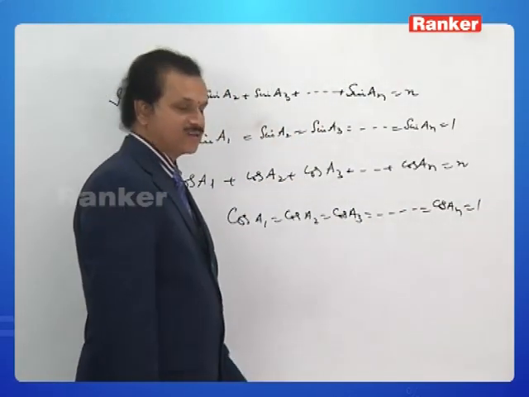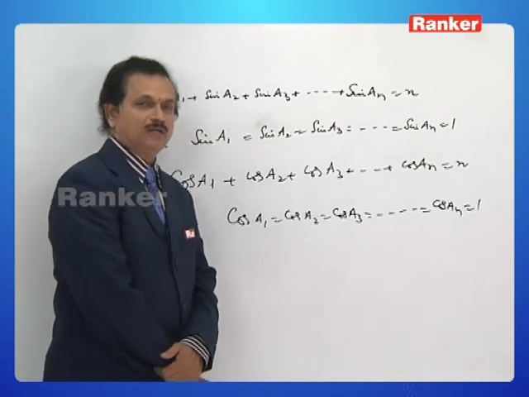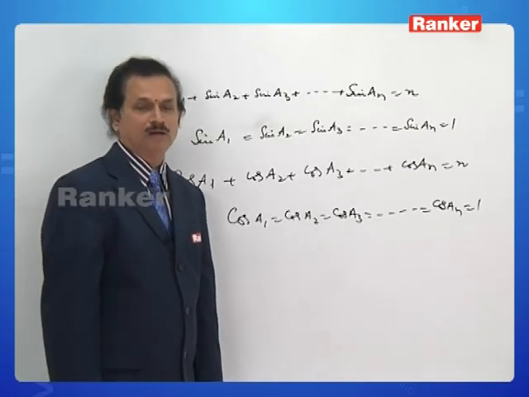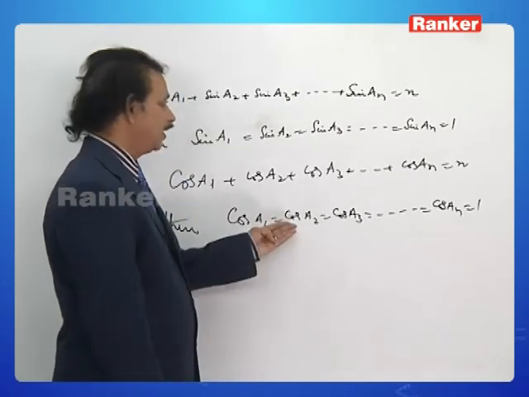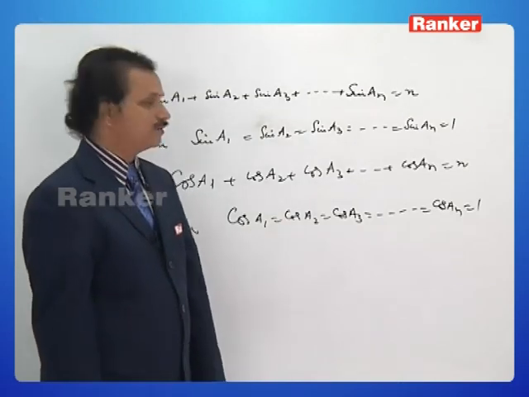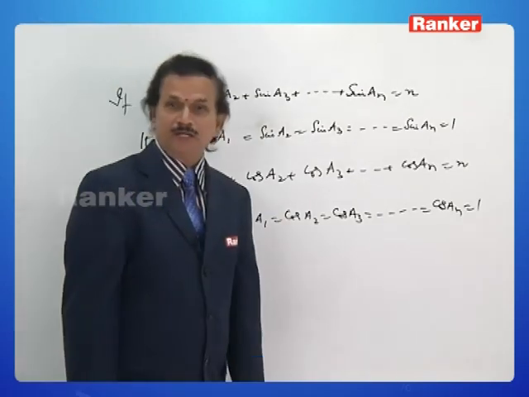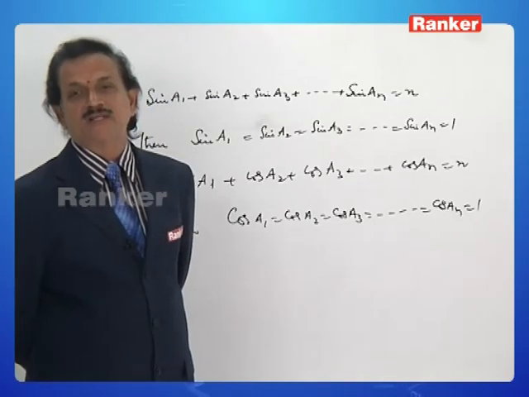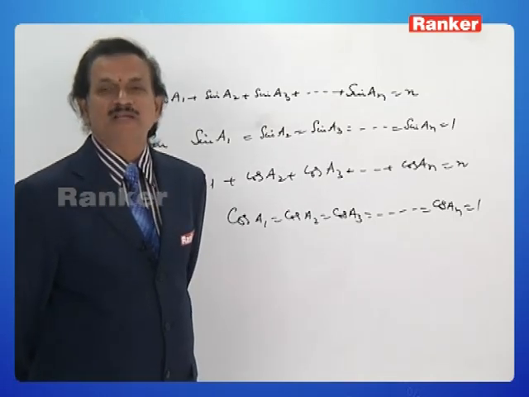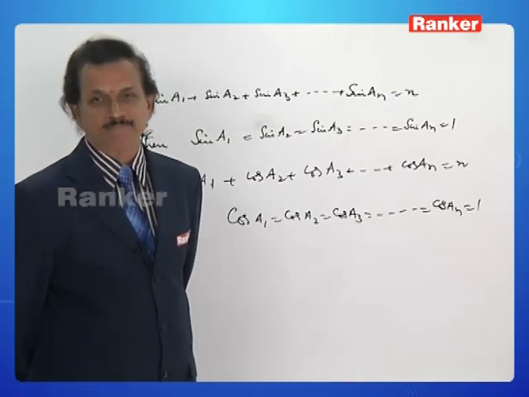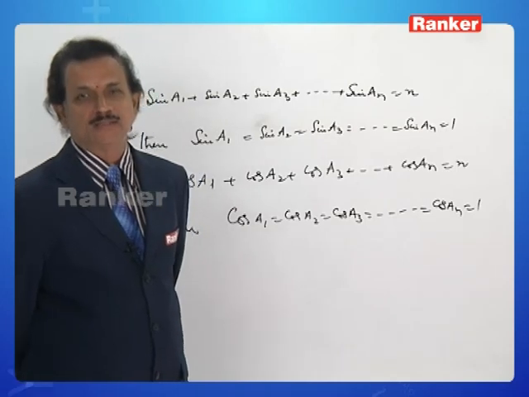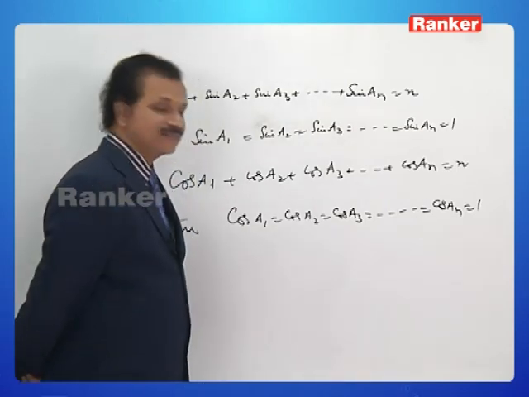It does mean that A1 might be 0 or 2n pi. Each of A1, A2, A3 etc. AN will be of the form 2n pi. Then only that becomes 1, isn't it?